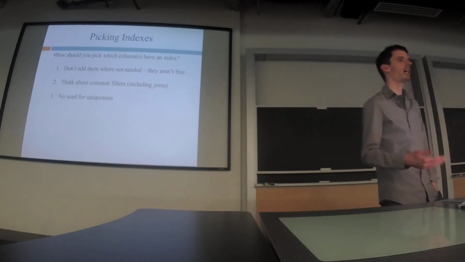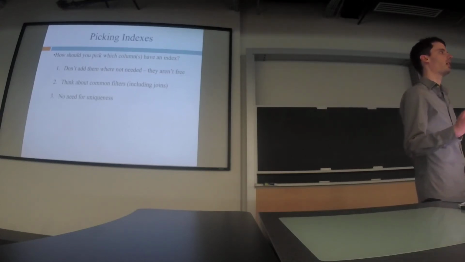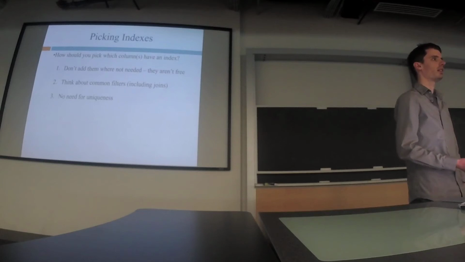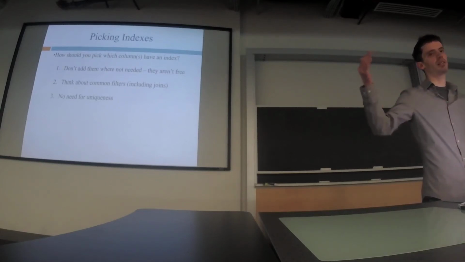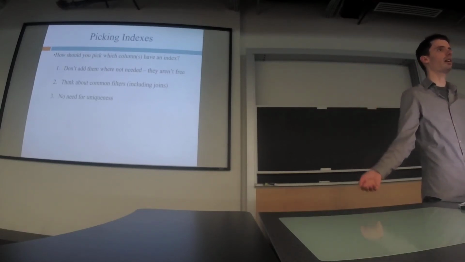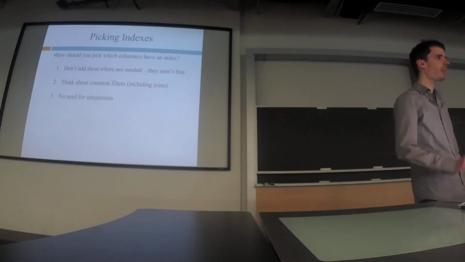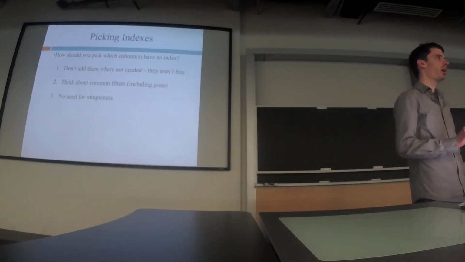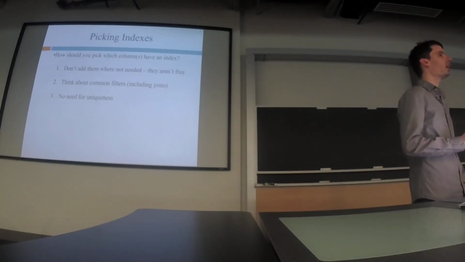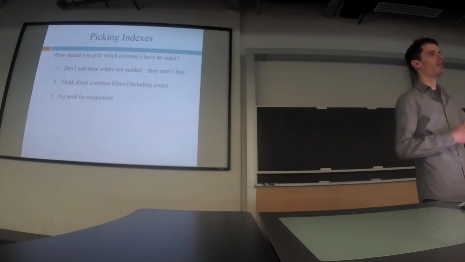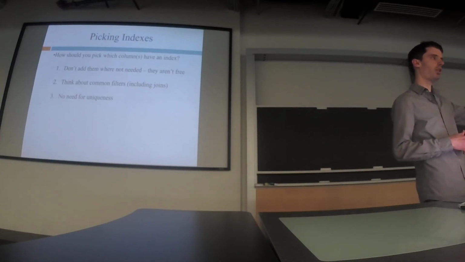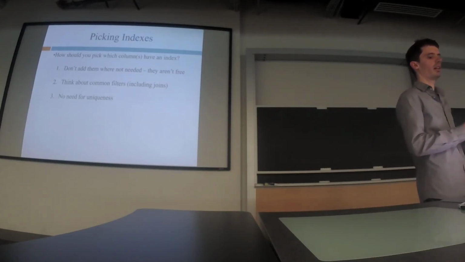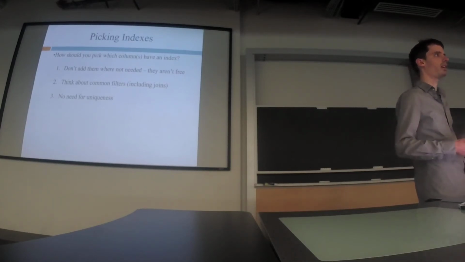Instead, think about the kinds of queries that you're going to be doing on this table. If you're never filtering based on a column, then you don't need an index on that column. And unlike the primary key, there's no need for the column to have uniqueness. You could have a whole bunch of, say, 3500s in an index, and it's fine.